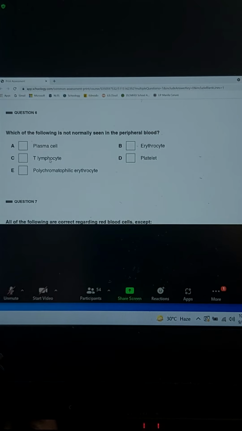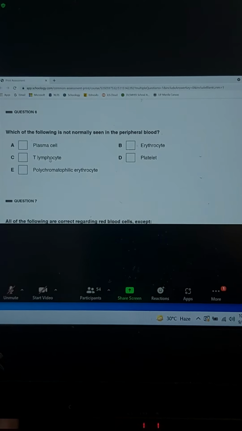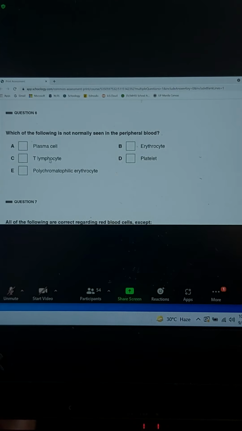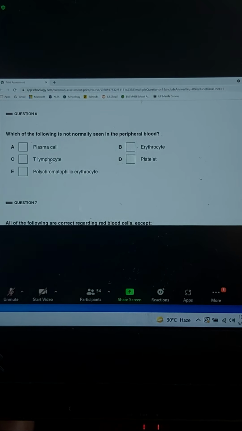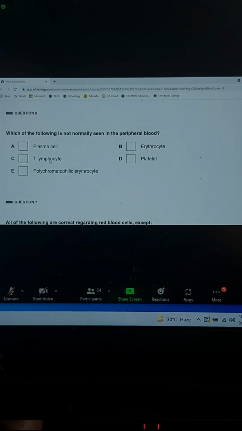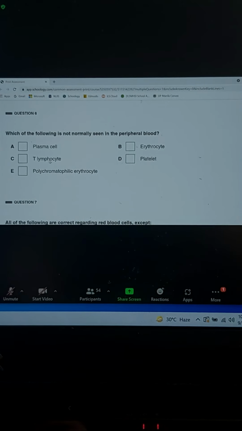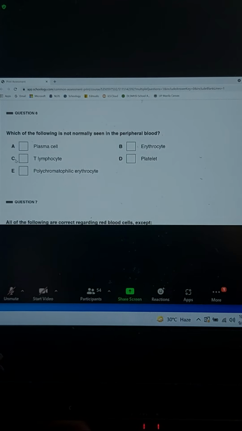Is it A, plasma cell, B, erythrocyte, C, lymphocyte, D, platelet, or E, polychromatophilic erythrocyte? Letter E po. Polychromatophilic. Are you sure, class? Letter D? A po ba?